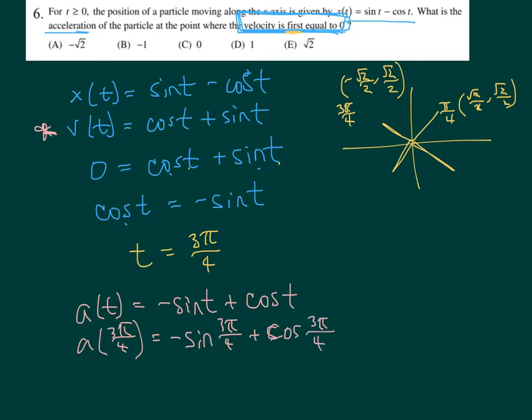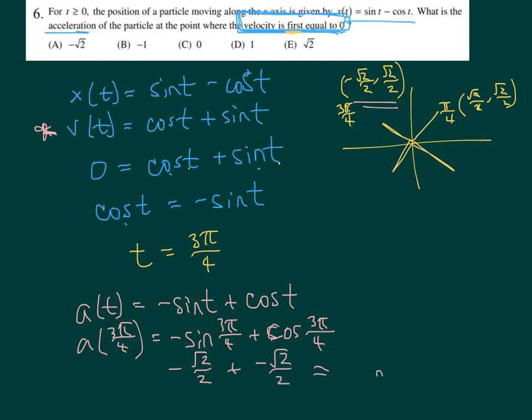All right, so looking at this point right here, we know that the points x comma y are cos comma sine. So I know that the sine of 3 pi over 4 is root 2 over 2, so negative of that. Plus the cosine is going to be the x coordinate at that point, so negative root 2 over 2. All right, so what happens there?